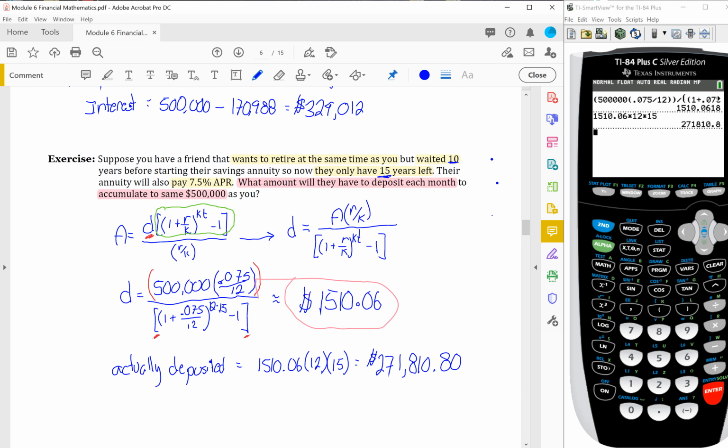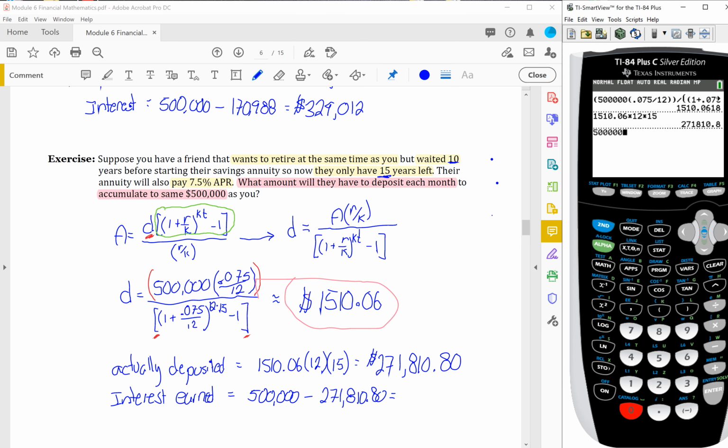The last comparison I could look at is the interest. So here the interest earned is going to be the 500,000 minus the 271,810.80, which comes out to be $228,189.20.